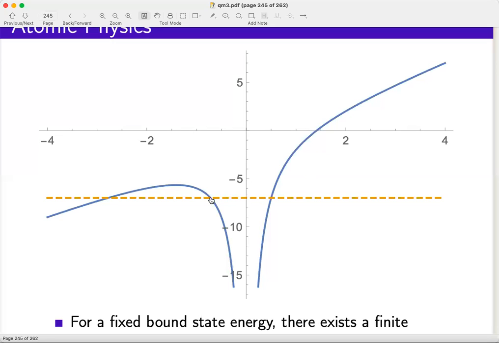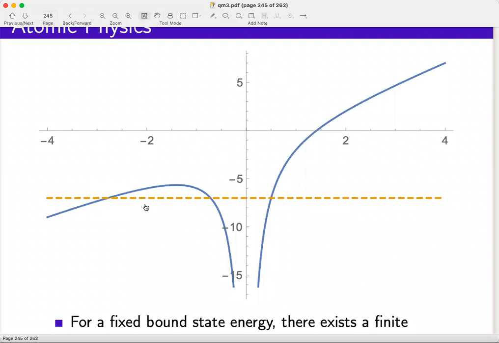The wave function beyond this point is going to be exponentially decaying, and it will just vanish at infinity, whether you go to the positive z direction or the negative z direction. But if you apply an electric field, then in this direction the wave function is stable, but not in the negative z direction, because there the wave function is going to have oscillatory behavior beyond this particular point.